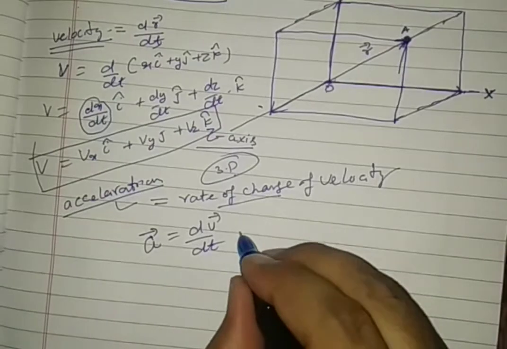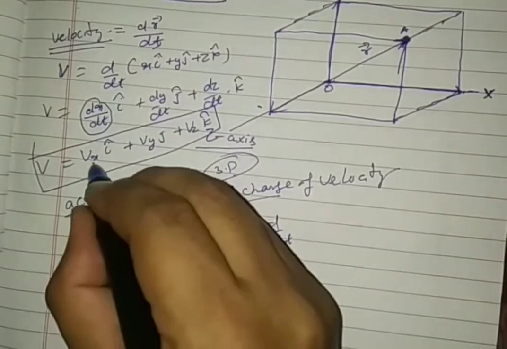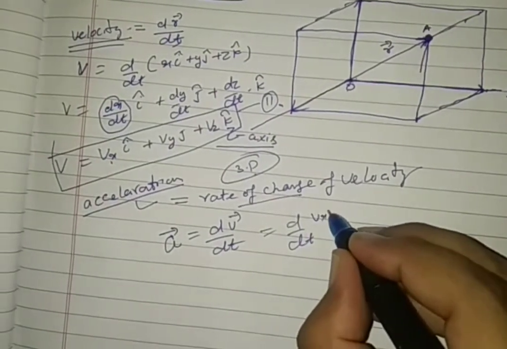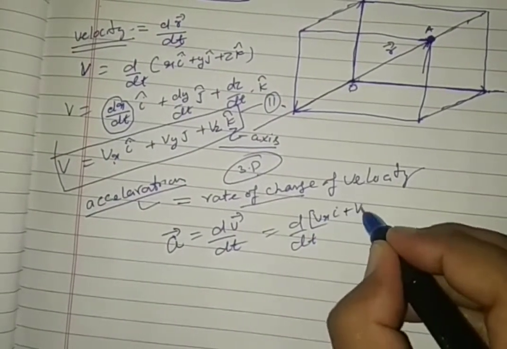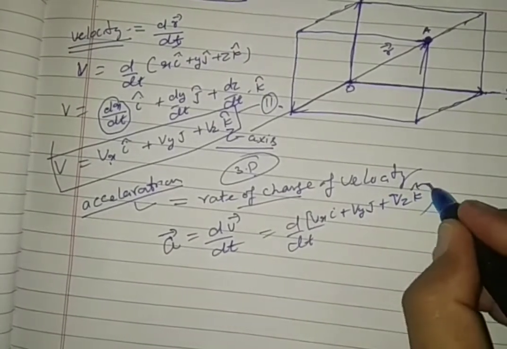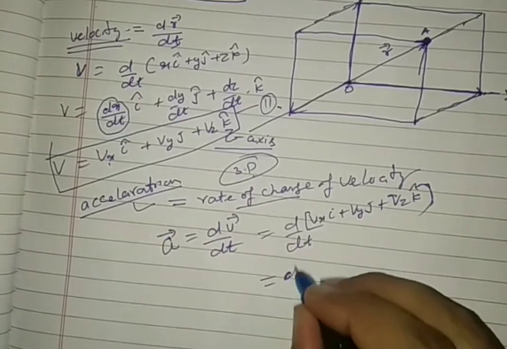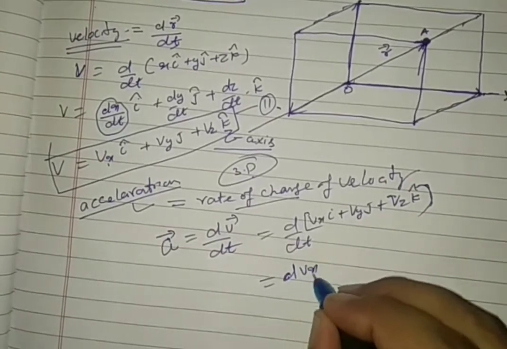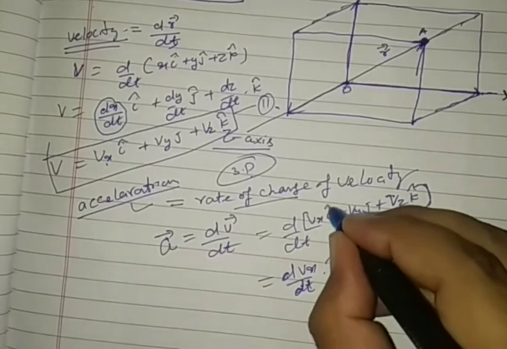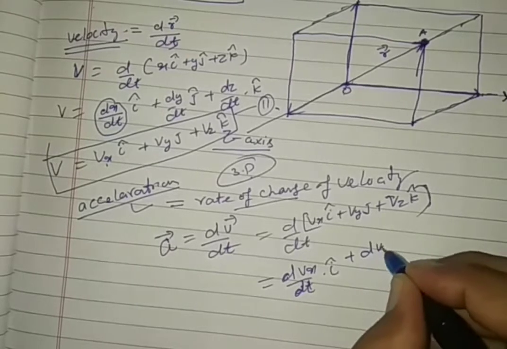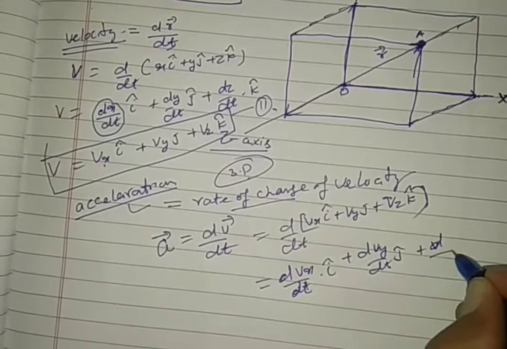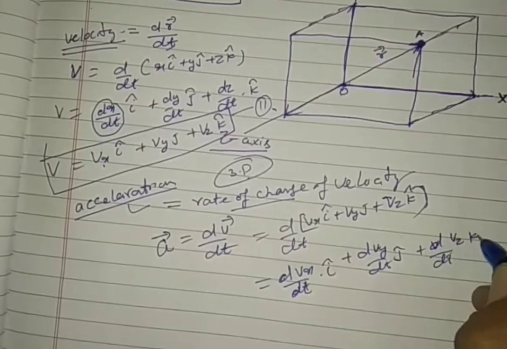See carefully, it is d by dt of the velocity vector, by equation 2. It is vx i plus vy j plus vz k. Now it is equal to, open the bracket, dvx by dt into i plus dvy by dt into j plus d by dt of vz into k.